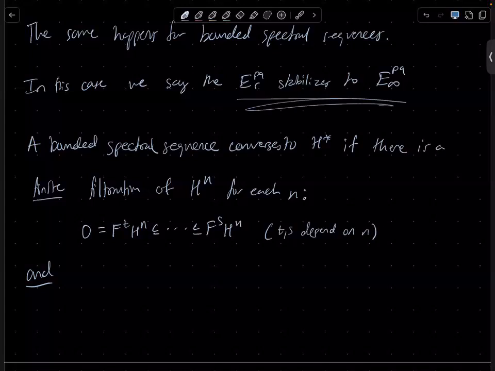And so we say that convergence means that this isomorphism holds: E infinity PQ is FP H^(P+Q) modulo F^(P+1) H^(P+Q). You should think P plus Q is equal to n throughout. That's the feeling we should have. This is the definition of what it means for a spectral sequence to converge to a graded ring.